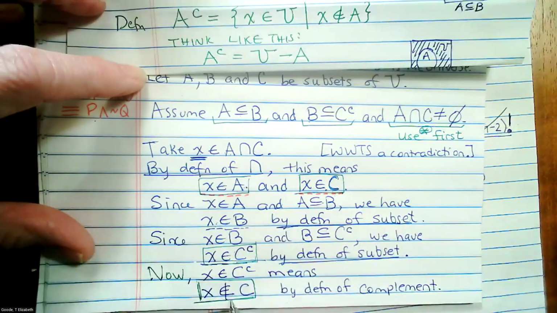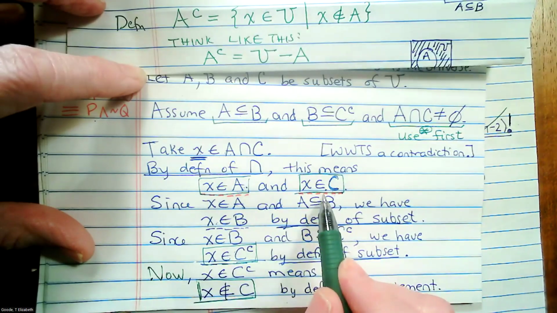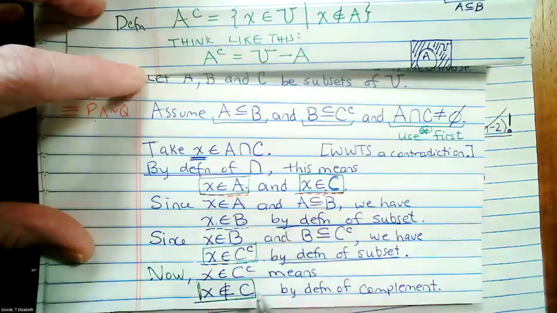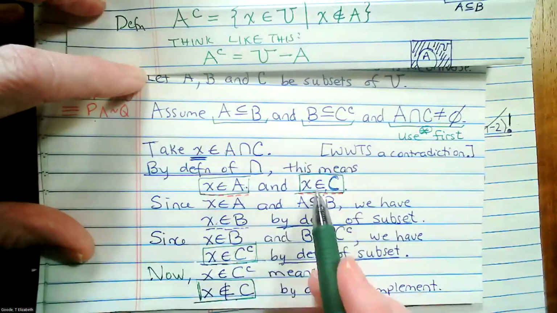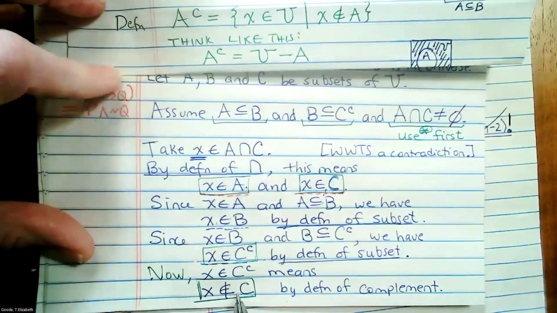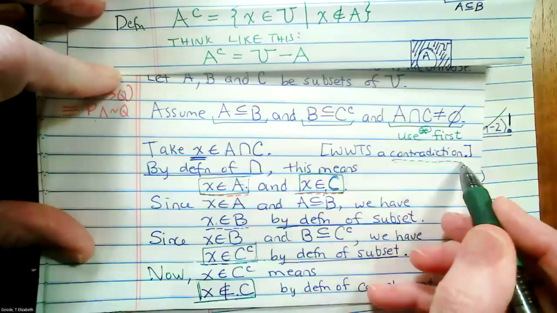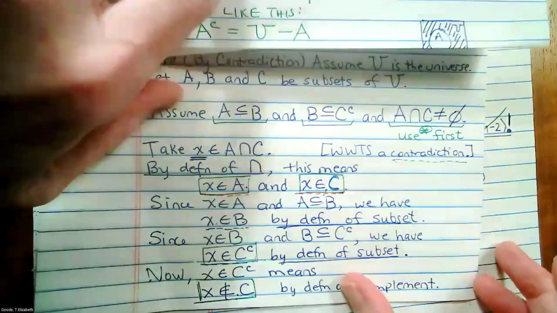And now we have X is not in C. But look right here. Can both of these happen? Can X be an element of C and also not be an element of C? No. That's the contradiction we're looking for.